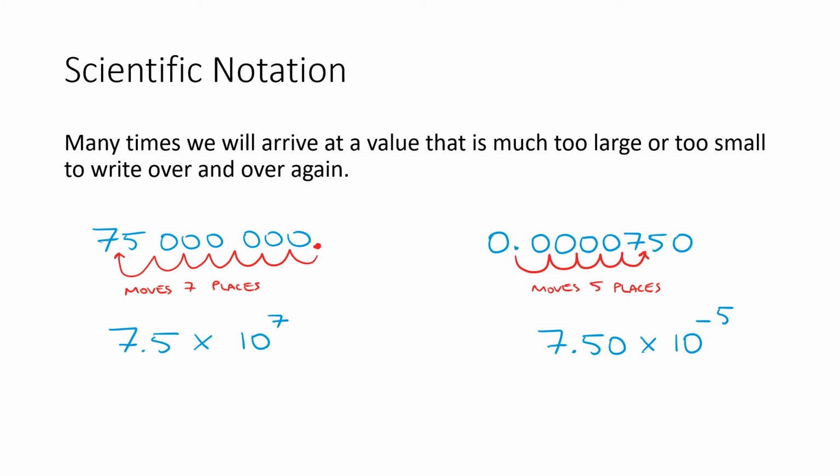What if it's a very small value? This is a bit easier to see since the decimal point will already be in here, and I want to express this in scientific notation.